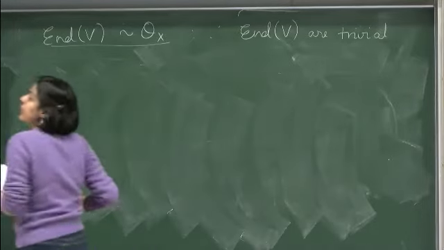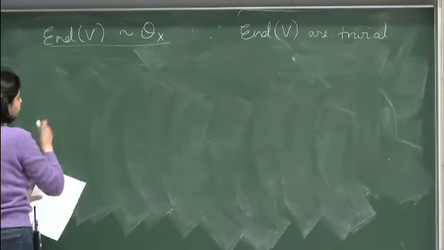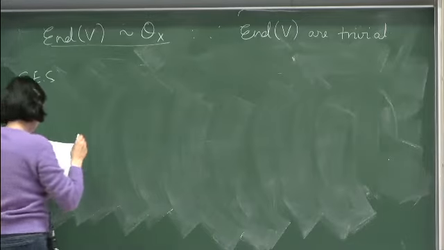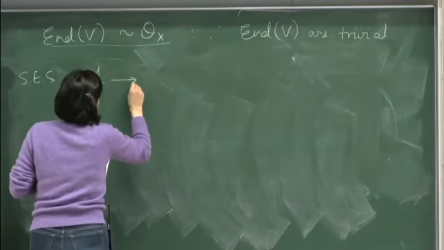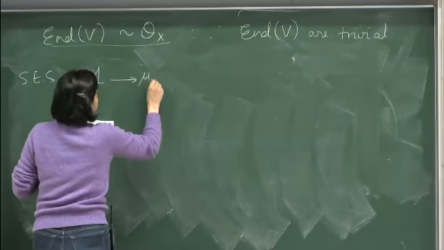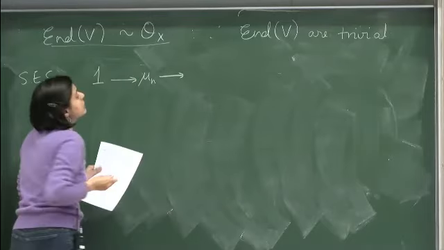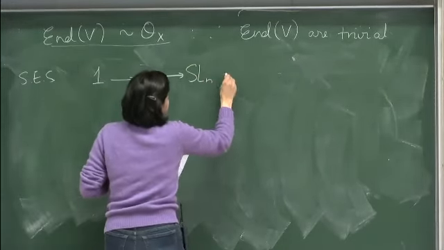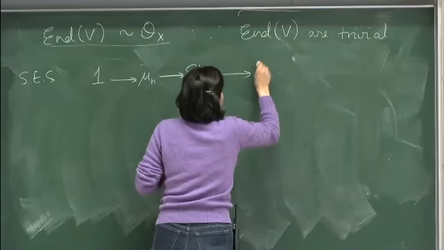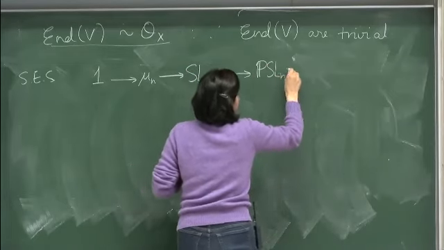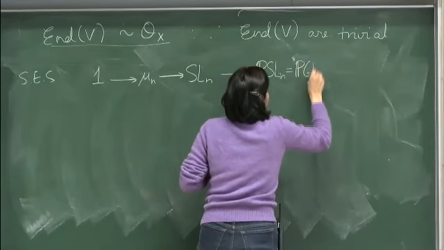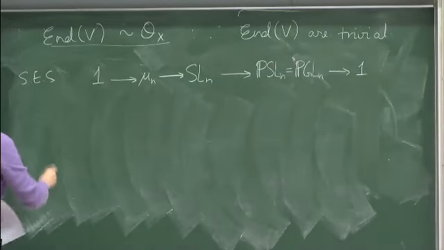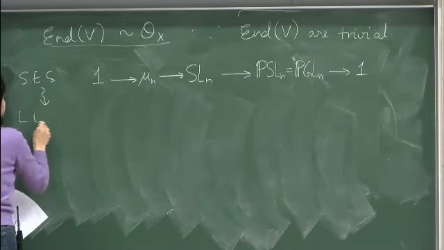Okay, now I need to define one more thing. We have a short exact sequence in cohomology, étale or analytic, whatever you prefer. So mu_n denotes the nth roots of unity. This embeds in the special linear group SL_n, which projects onto PSL_n, which is also PGL_n, to 1. And this leads to a long exact sequence.